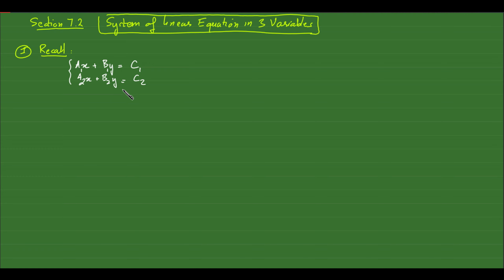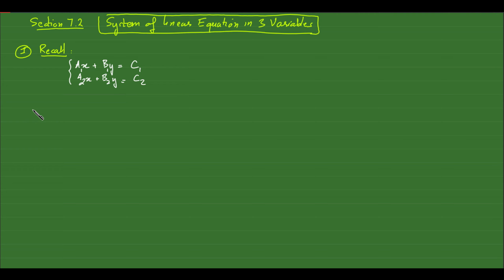Substitution method and elimination method. Let's see for the system of linear equations in 3 variables, are we going to use the same strategy? Are we going to use the substitution method and or elimination method, or can we use only one?